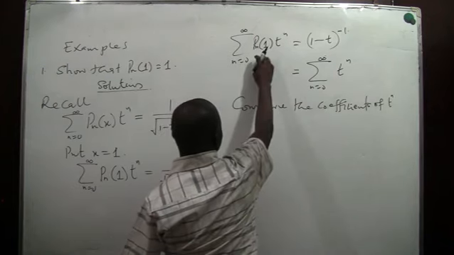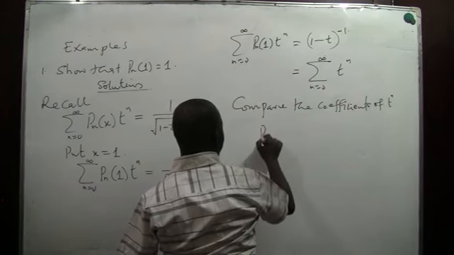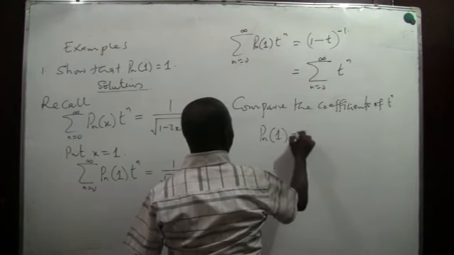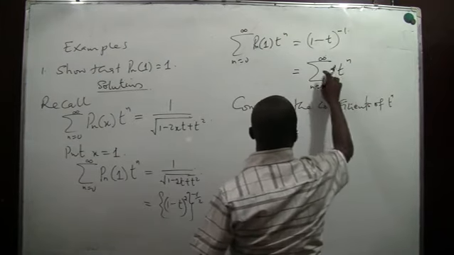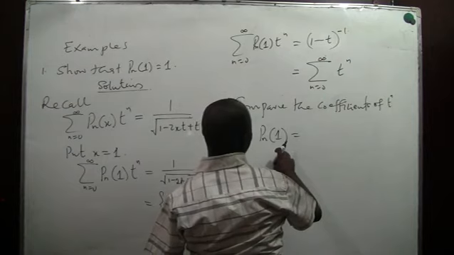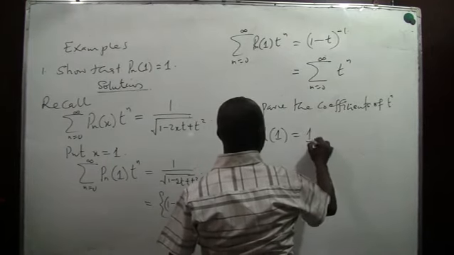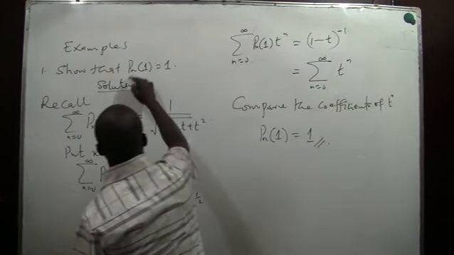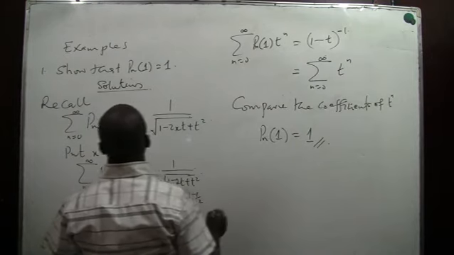The coefficient of t raised to n at the left hand side is Pn of 1, while that of the right hand side is equal to 1. And that gives what we are asked to show.